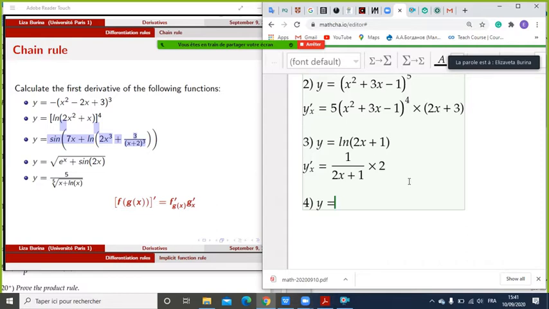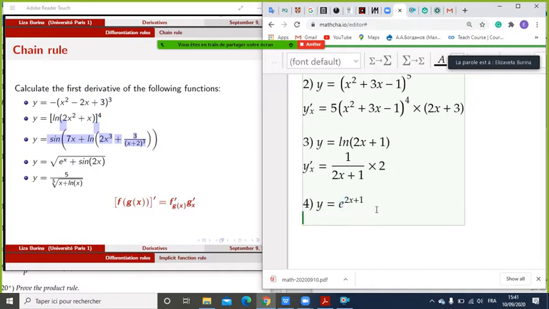Okay, now I'm gonna take something like e to the power of 2x plus 1. I like 2x plus 1. Okay, so here the outer function will be the exponent. So the last thing that happened to whatever expression of x, it became a power of exponent.